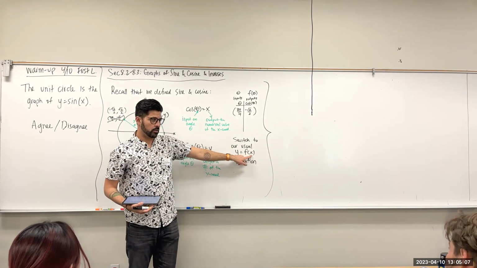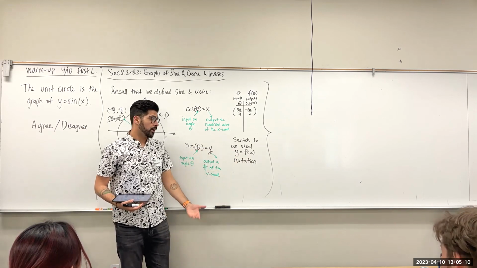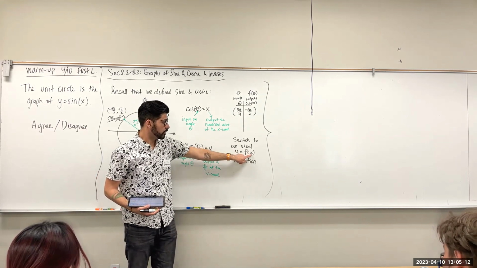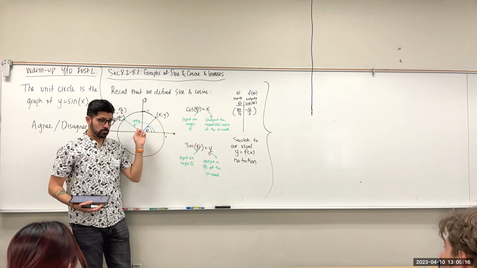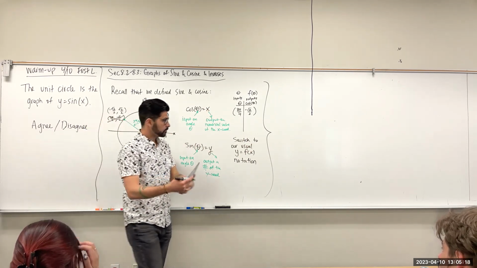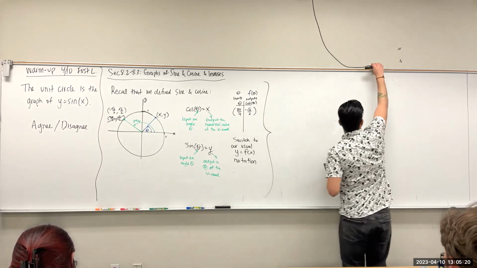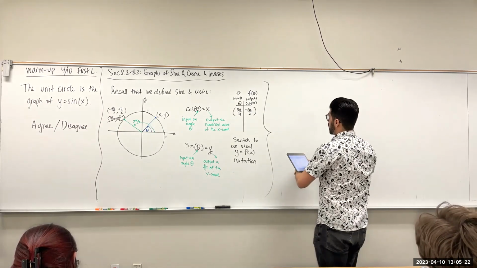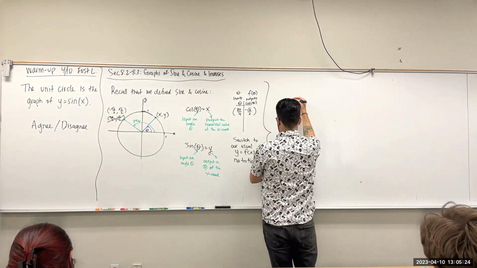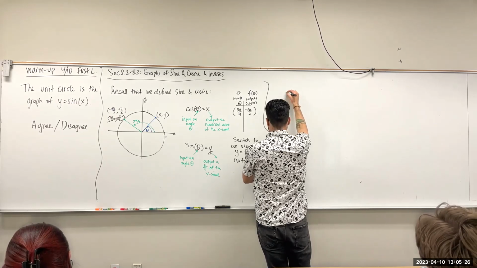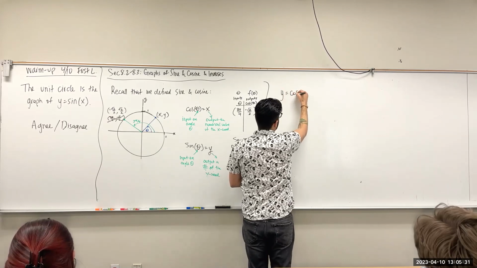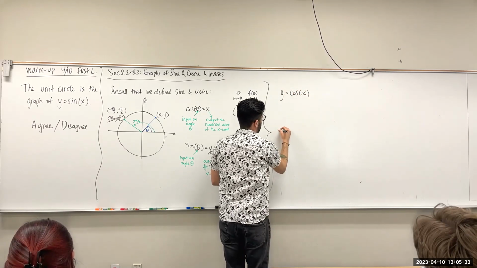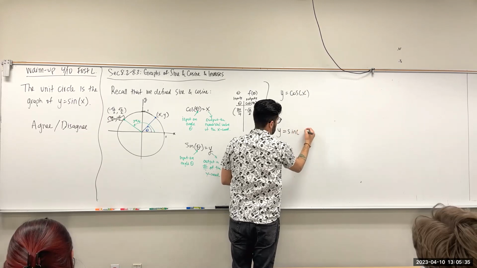But by doing that, it confuses students because you're going to confuse this x coordinate with the x coordinate on the unit circle. So when we make the switch, I want you guys to be careful with the notation. Now you're going to think of y equals cosine of x, and you're going to think of y equals sine of x.